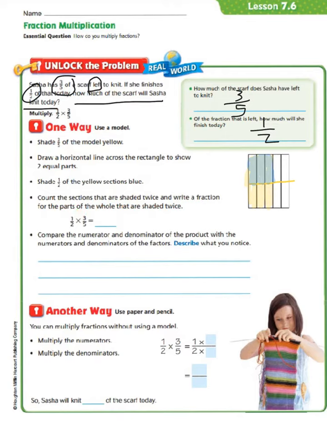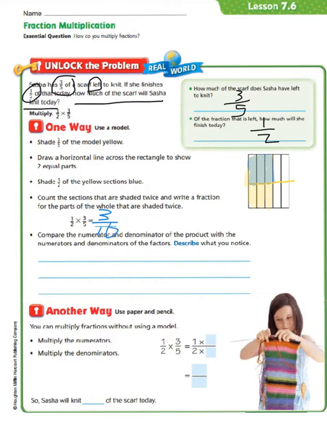So we now have these up here that have been shaded twice, and that would be 1, 2, 3. So that's going to be our numerator. And out of, we just counted them, 1, 2, 3, 4, 5, 6, 7, 8, 9, 10. So our new denominator is going to be 10.